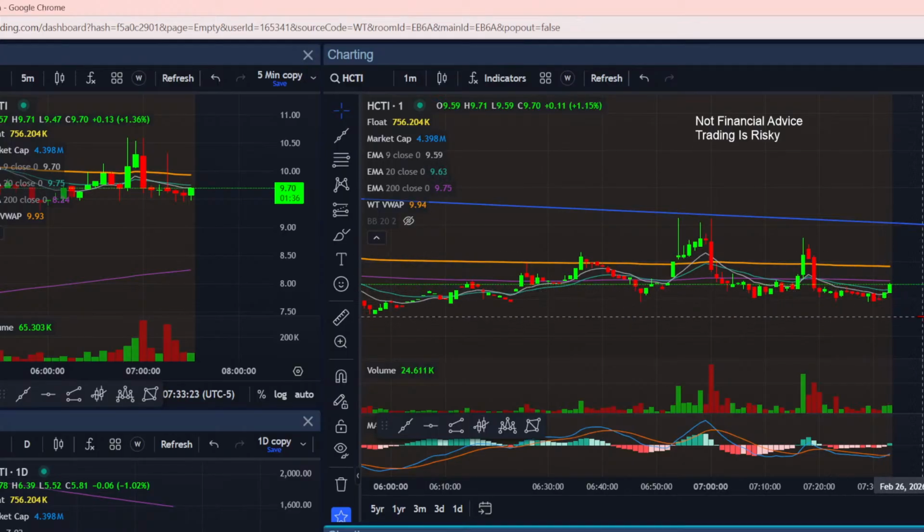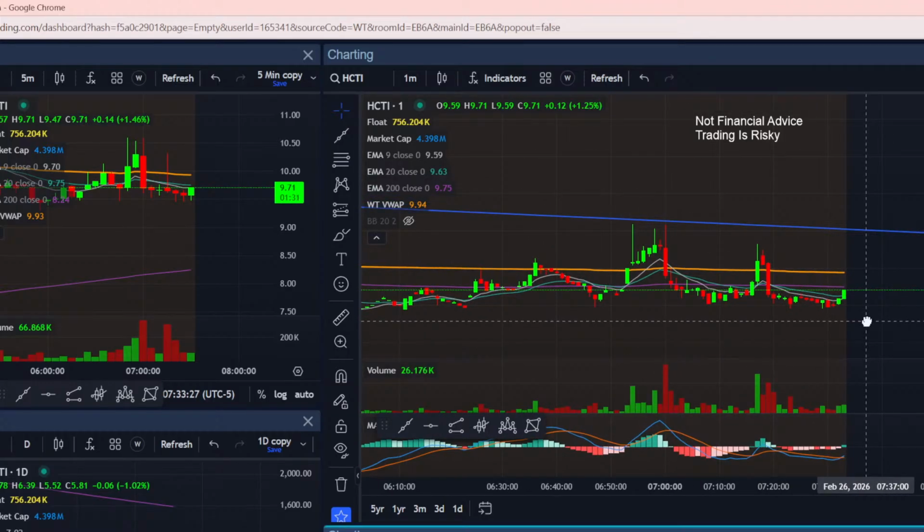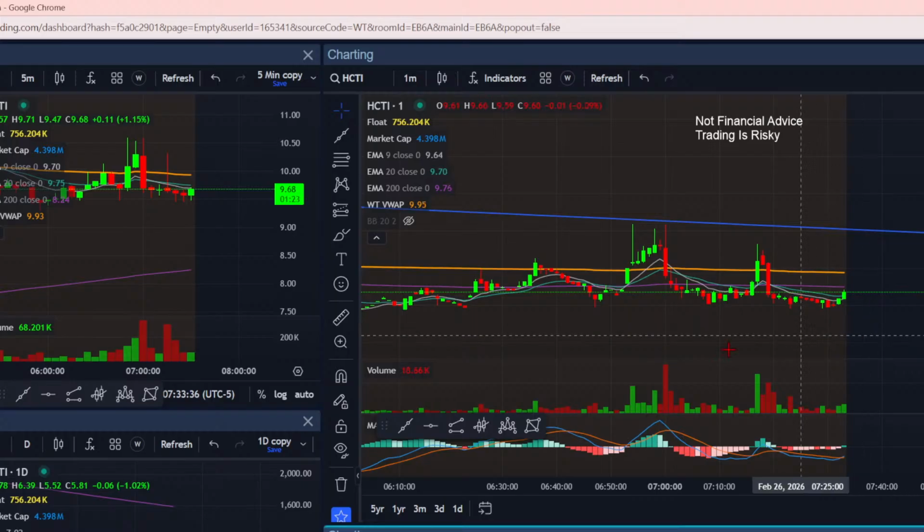My dad called me when you were showing me, so what is the float again? The float's like share size, you could say. And the market cap is like the money, basically. To get market cap, you do share size or float times the dollar of the stock, and then you get the market cap.